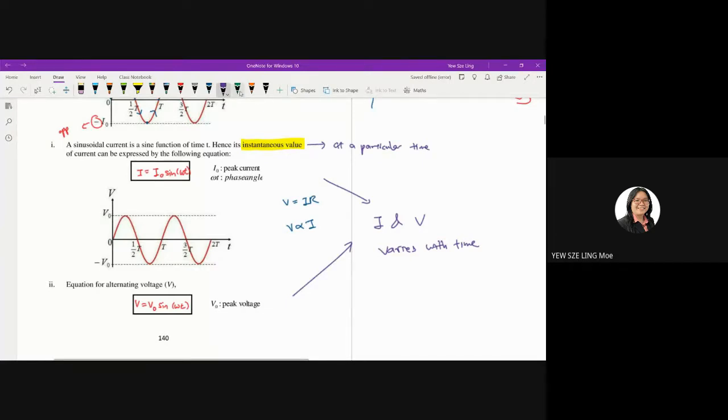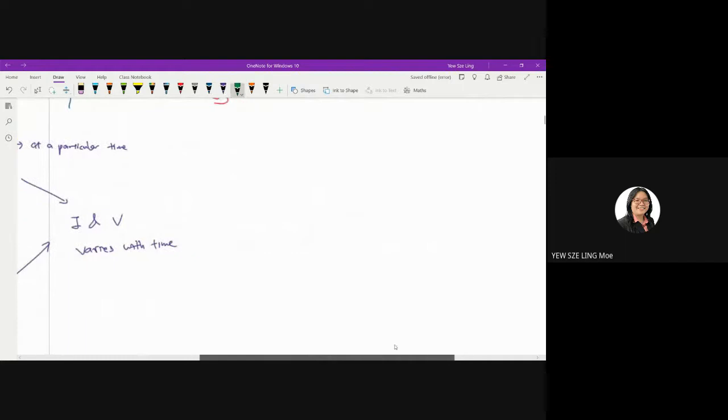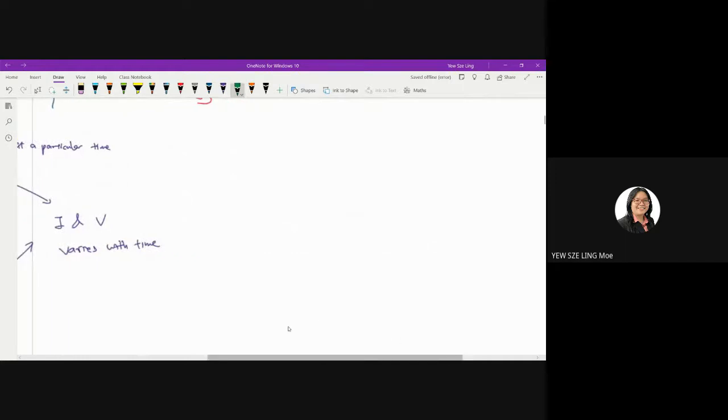Before we move on to the next part, let's see how many I and V we're going to have in this chapter. First, we will have I naught, which is the maximum value. I'm going to start from I to make it easier.